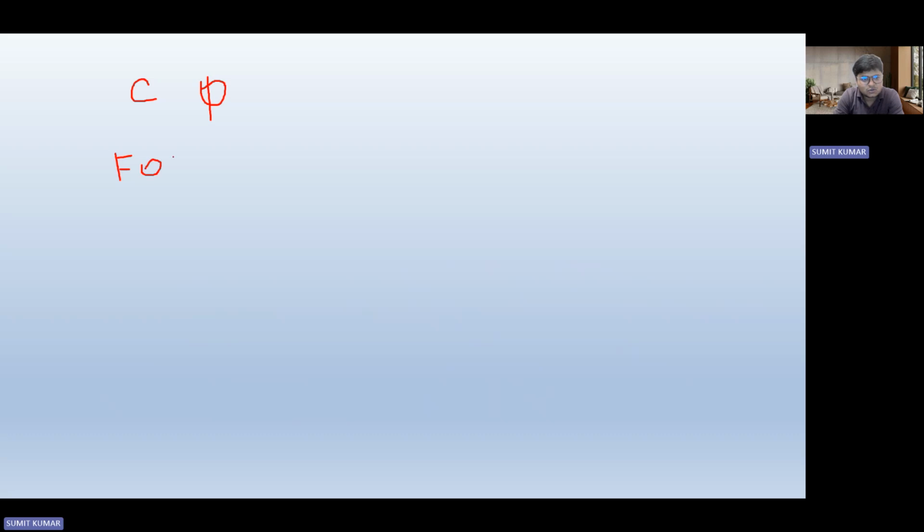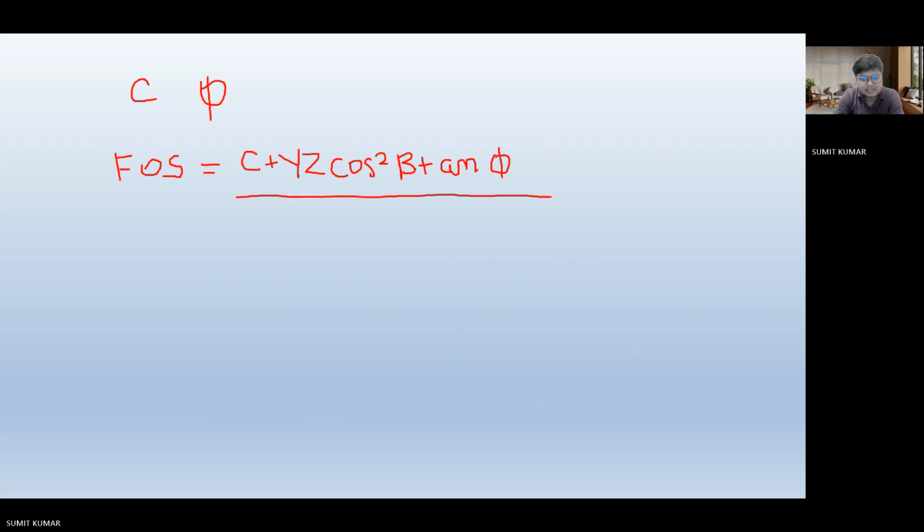Then we use the correlation for factor of safety as C plus gamma z cos square beta tan phi in normal dry condition, basically by gamma z cos beta sin beta.